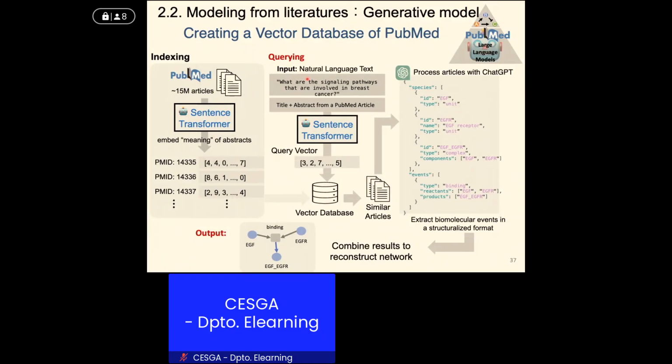And we also give an input query of what we want. In our case, we want the EGFR signal pathway. We search for similar answers in the vector database, extract such information in a structured format, and combine those results to reconstruct a network.